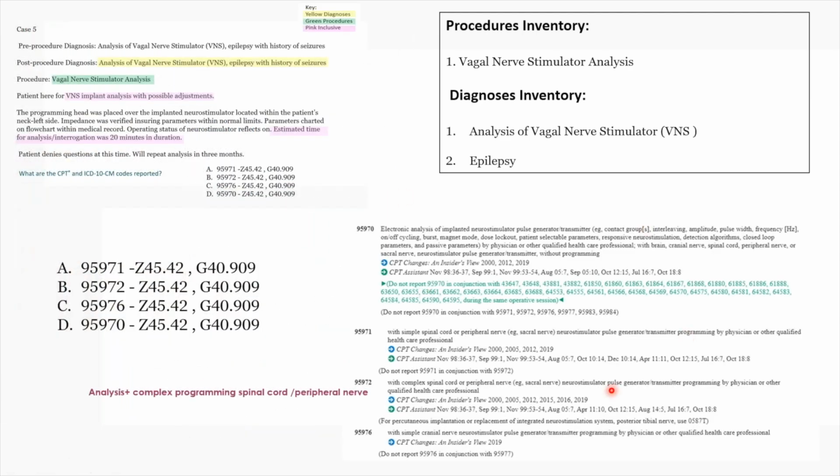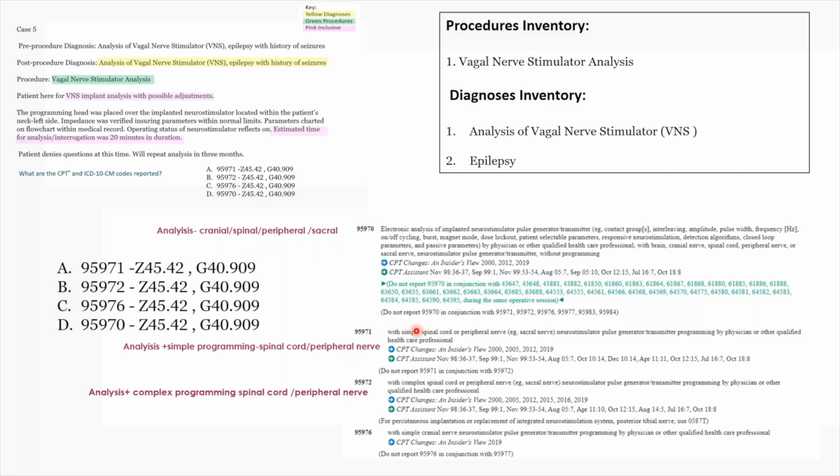And these are the code options. And here also I have done churning. The code 95972 is for analysis plus complex programming of a stimulator located in the spinal cord or peripheral nerve. And 95970 is for analysis alone for a neurostimulator which is located in the cranial, spinal, peripheral, or sacral nerve.